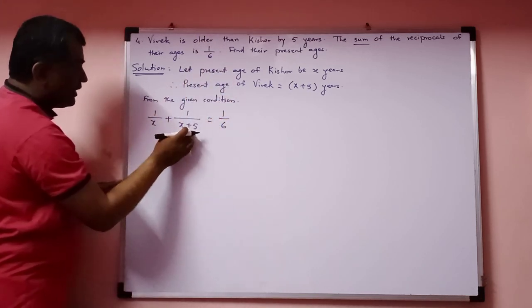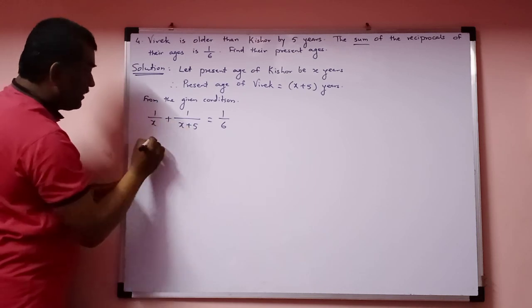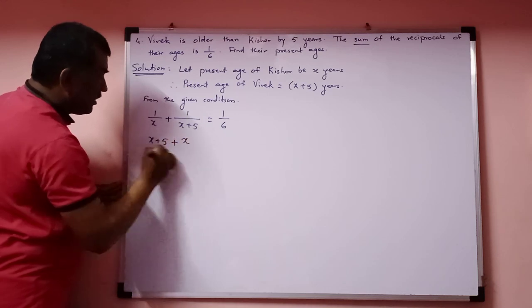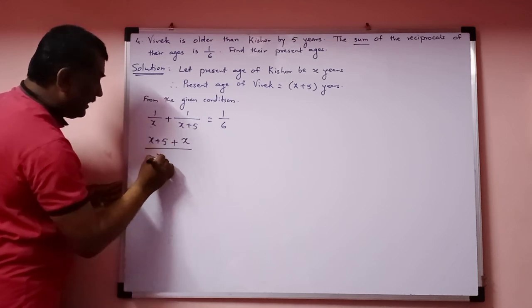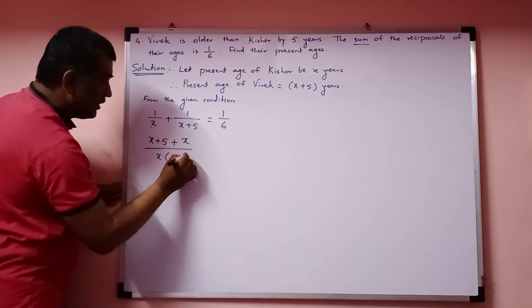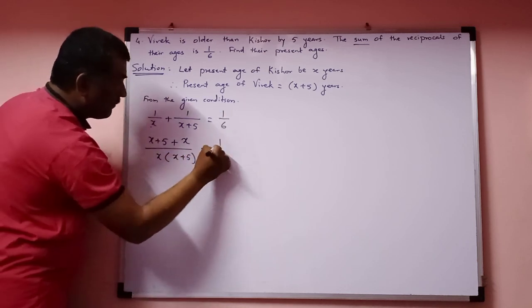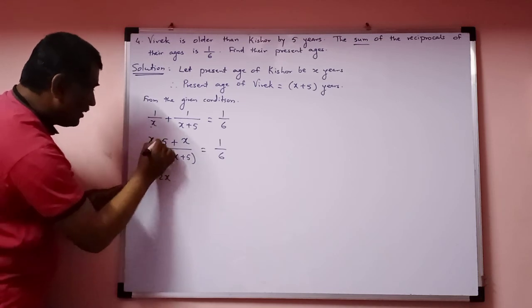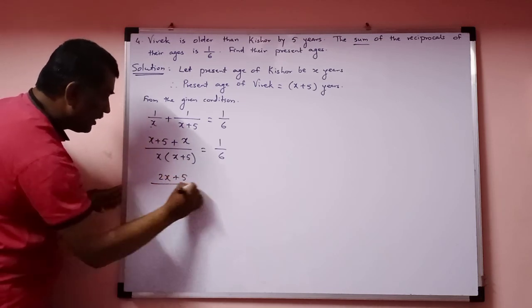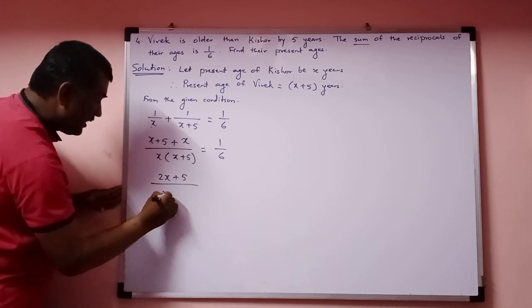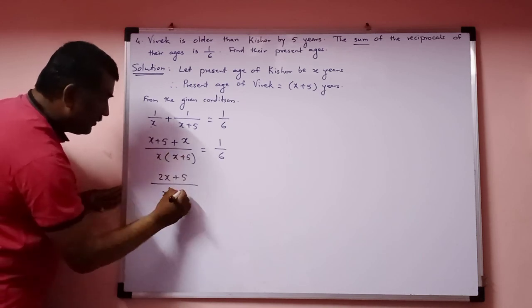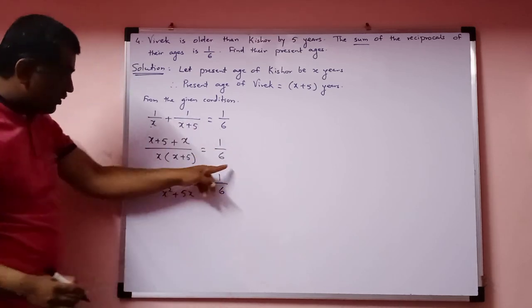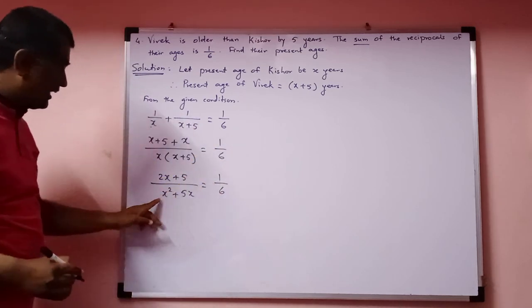Cross multiplication, x plus 5 ones are x plus 5 plus x ones are x upon x into bracket x plus 5 is equal to 1/6. X plus x 2x plus 5 upon x into x x square plus x into 5 5x is equal to 1/6. क्रॉस मल्टिप्लिकेशन 1 न या ठिकाणी मल्टिप्लाय करा.